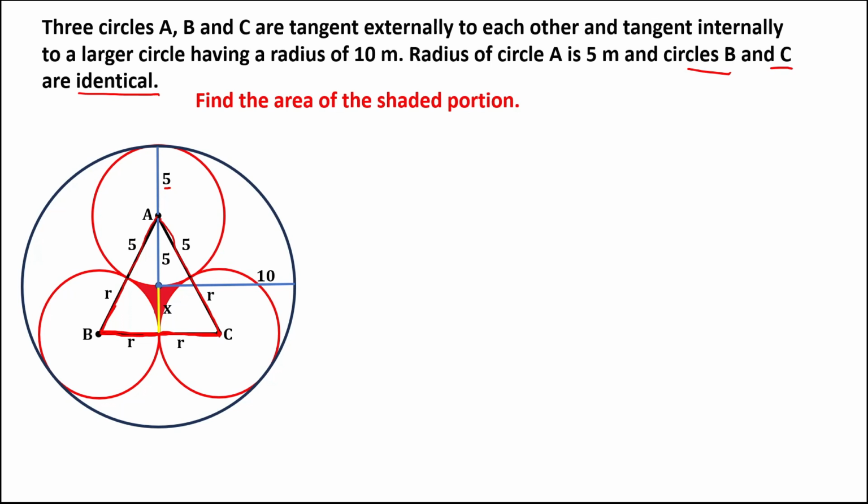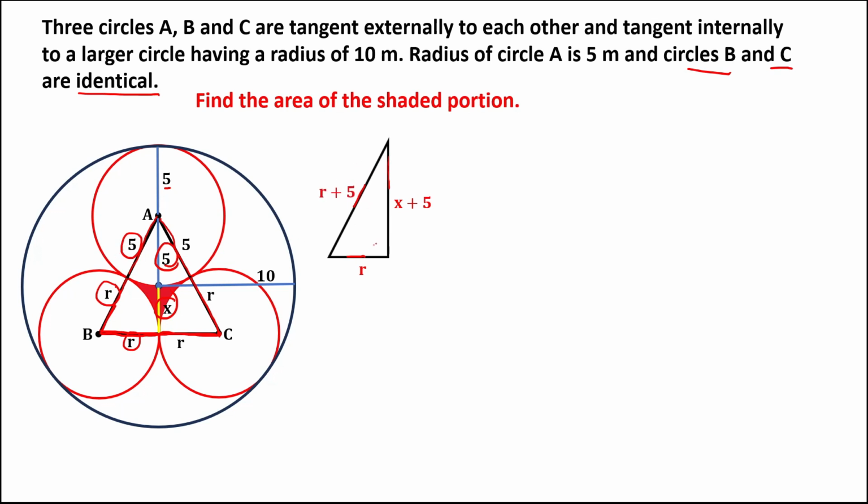From these two identical right triangles, if we use one of the right triangles, then this side is equal to R, and this side is the sum of these two sides, so this is X plus 5. Then for this side, the sum of R plus 5.